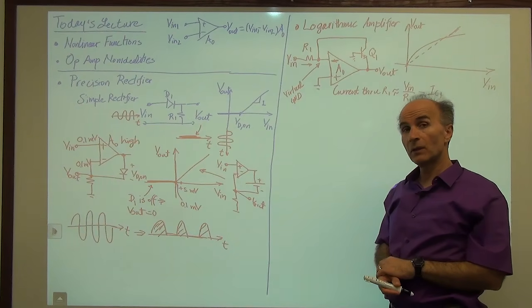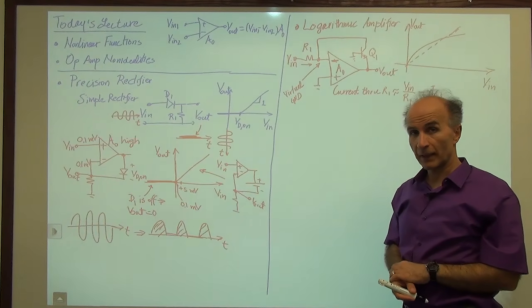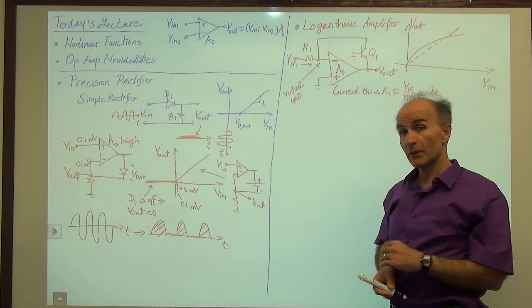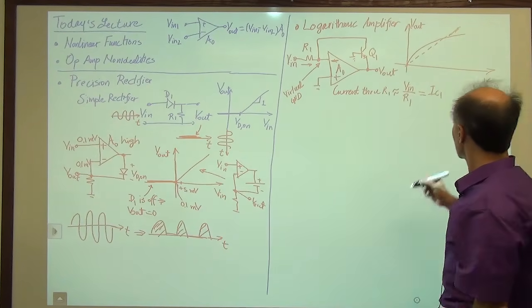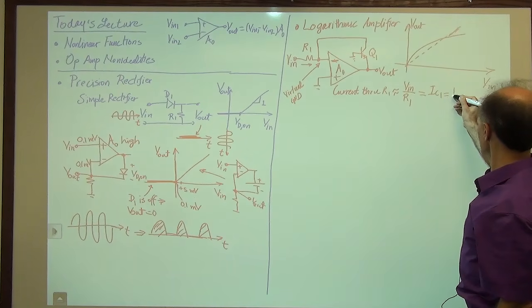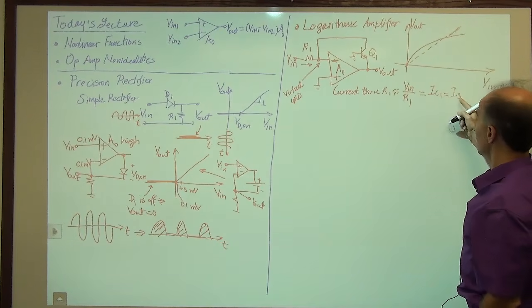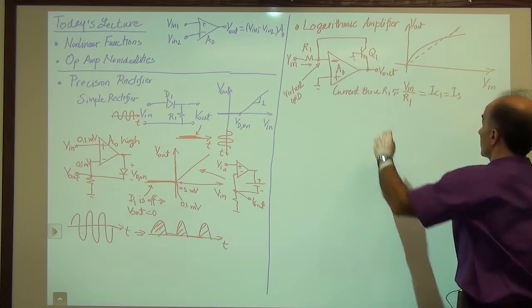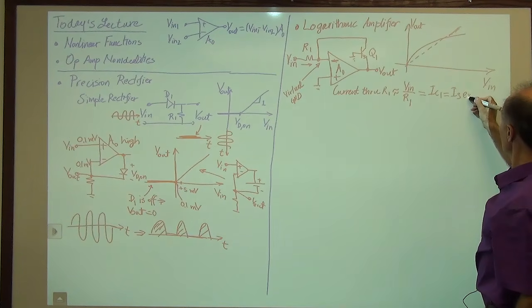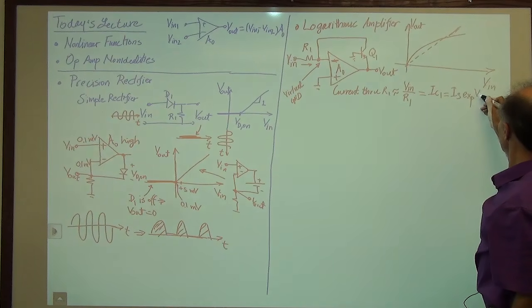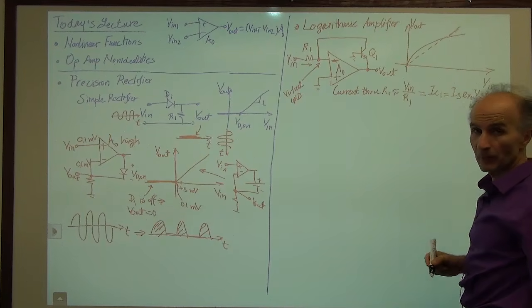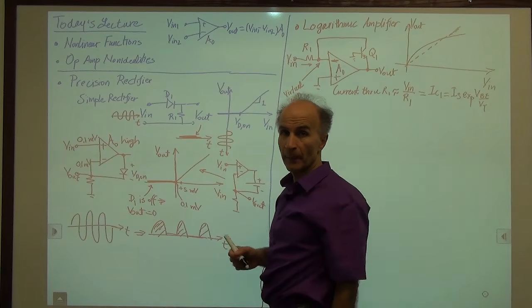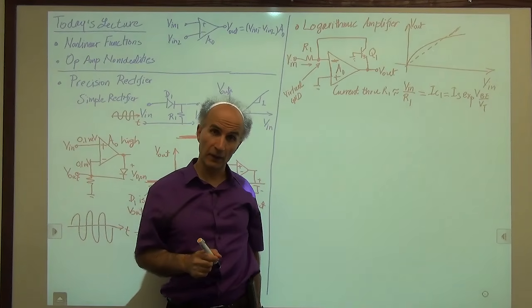Okay, now we know that the collector current of Q1 can also be expressed in terms of its base emitter voltage. So we also know that IC1 is equal to IS, the reverse saturation current of this device, times exponential of VBE over VT. That we know. We can also make an observation here.